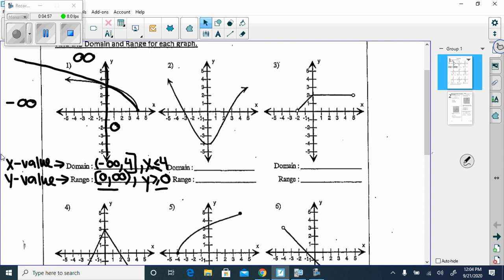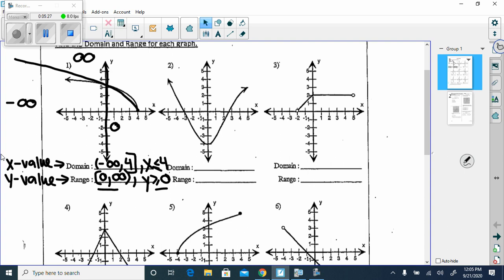So you use a bracket when the point is filled in. A parenthesis if it's not filled in. So when it's open, we're going to just use a parenthesis instead of a bracket? Good question. An arrow means it's going to keep going, right? So that is where our infinities come in. So it will be a parenthesis because it can't be included.